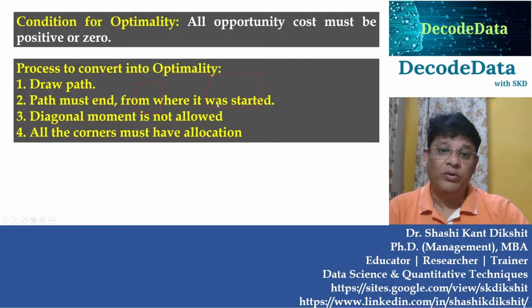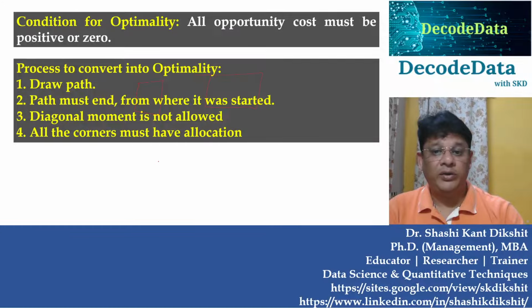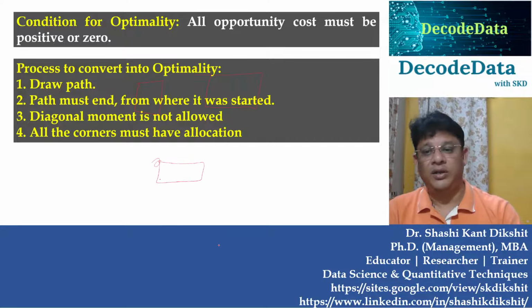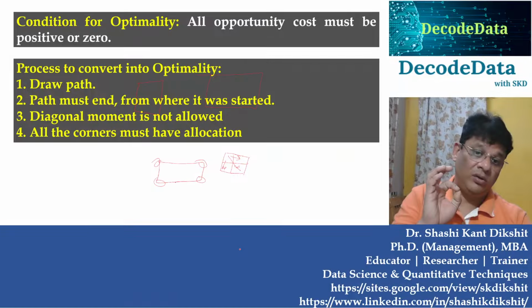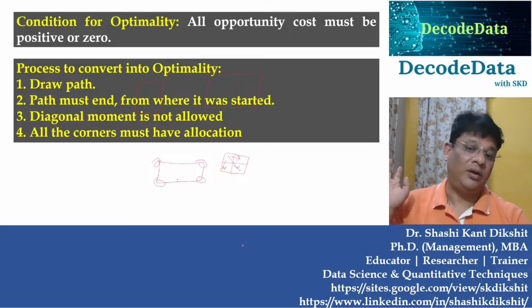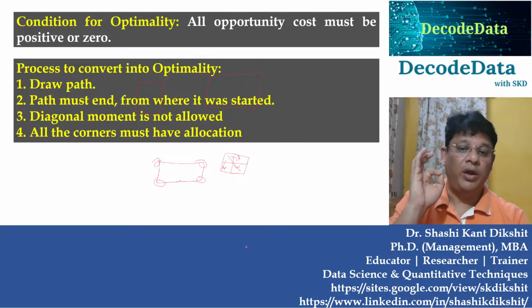From where it starts, it will finally move and reach that same position. Second, these are the cells, and you can move like this or this, but you cannot move diagonally. And wherever you take a turn, there must be an allocation. If there is no allocation, you cannot take the turn. Clear? So this is what you have to do.